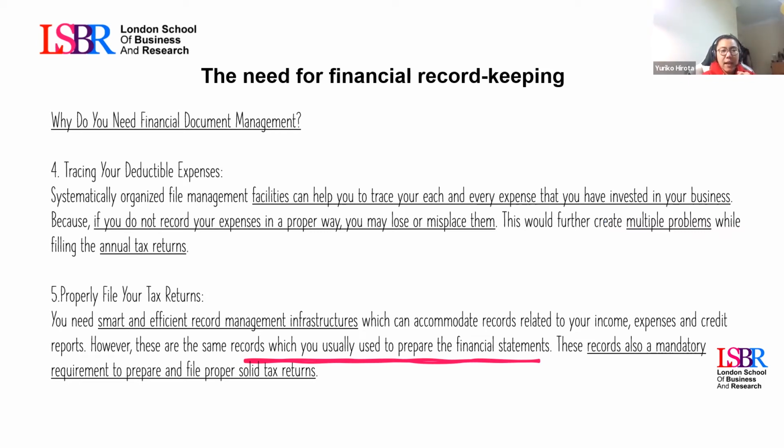So if we have a very solid and efficient management infrastructure, for example, with a system and some policies, we can manage all the taxes, not only in terms of receiving money but also paying money, and comply with all the requirements of the authority in terms of taxes.